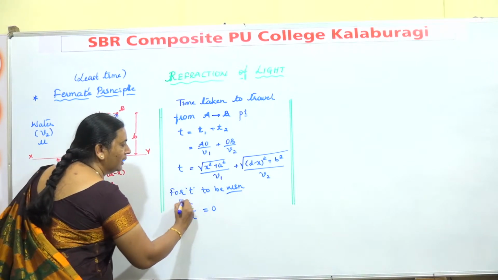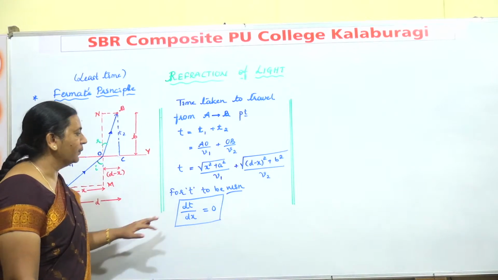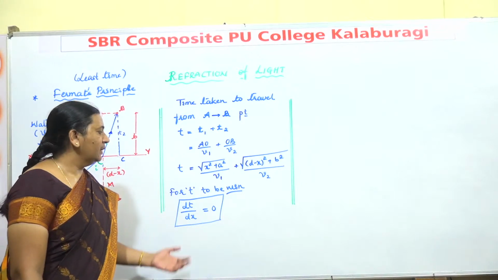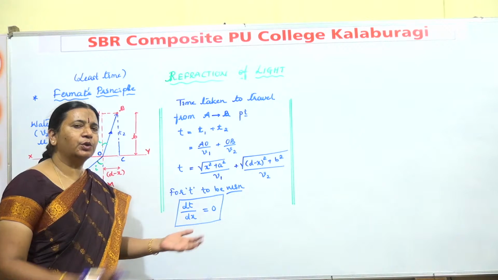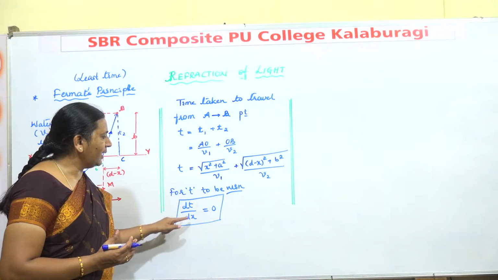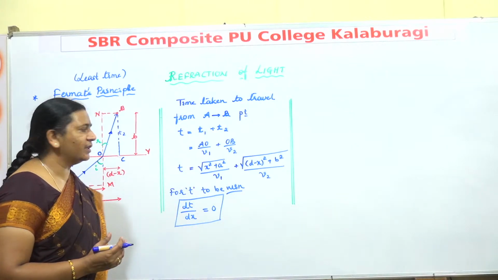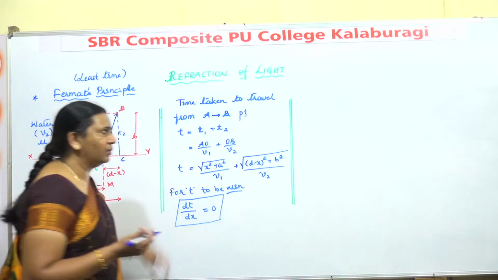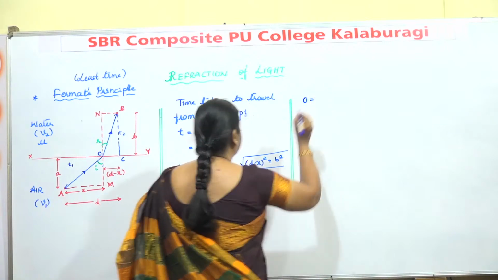Remember, children, you might have done this even in charge distribution, or in minima and maxima numericals last year. So dt by dx becomes equal to 0. Now, let us differentiate this. The LHS is already 0, because it should be 0. Carry out the differentiation.